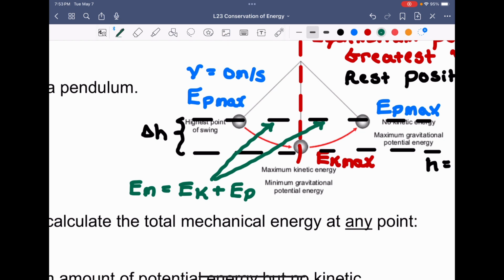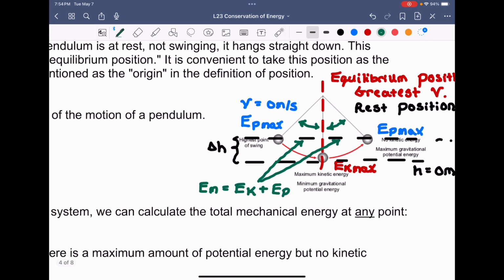Anytime you're in these middle sections, which I could even highlight in green here, anywhere where these arrows are, as it rocks back and forwards, we're going to consider it a mix of kinetic and potential. So they'll be very specific in the problem. Given certain information, it will be very obvious if they're in the middle or if they're at an endpoint, meaning they've maximized the potential or kinetic or whatever it might be.